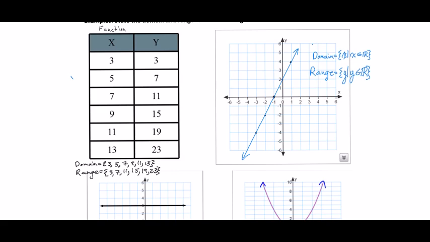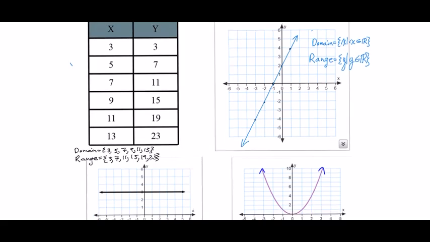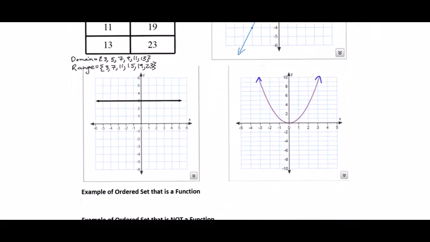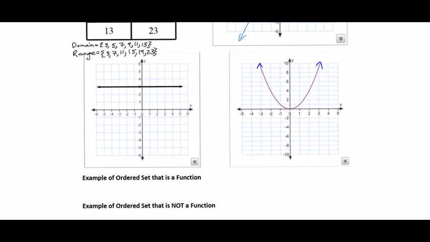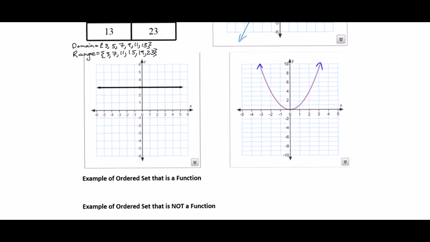Alright, now let's take a look at these next problems here. Now we have a horizontal line. I love horizontal lines. Horizontal lines are the best function ever. Now, if you have a horizontal line and I walk all the way across on the x-axis, its domain goes on forever.